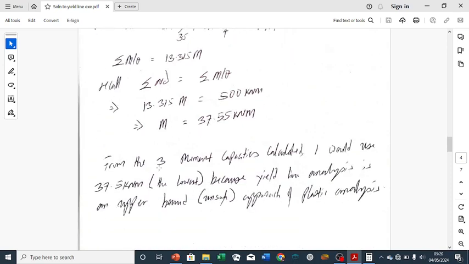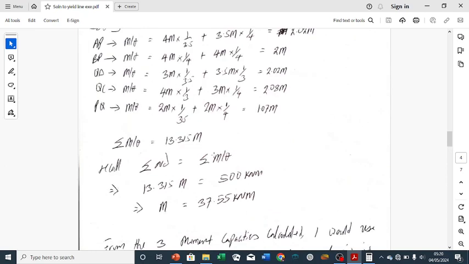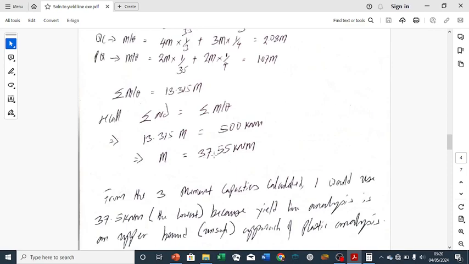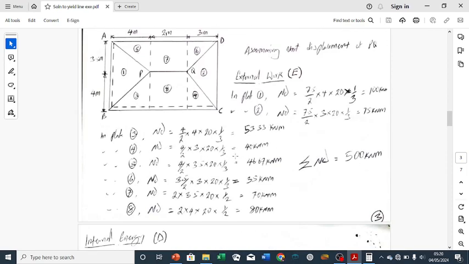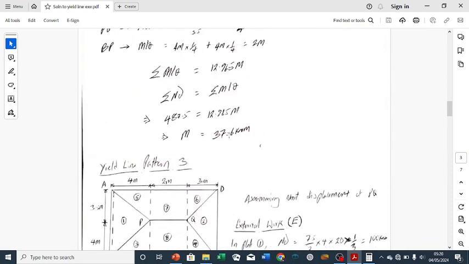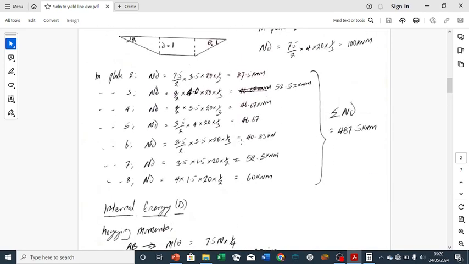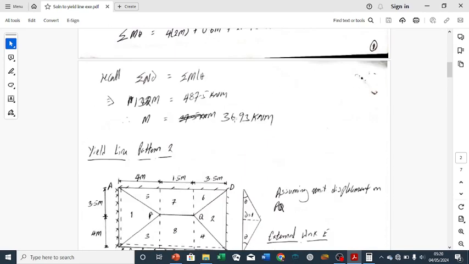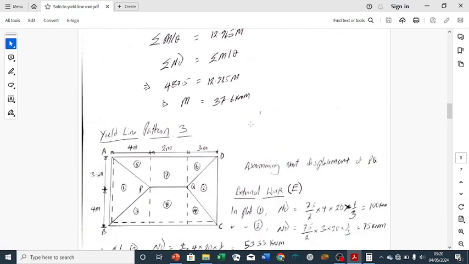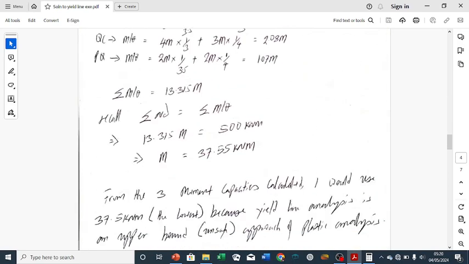Now from the 3 moment capacities calculated, we have had 3 different values. We have had 37.55, this other one 37.6, and this other one 36.93. So which one will you choose in design?